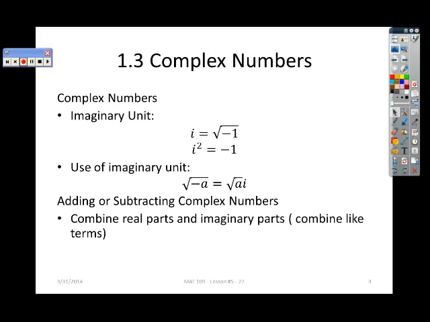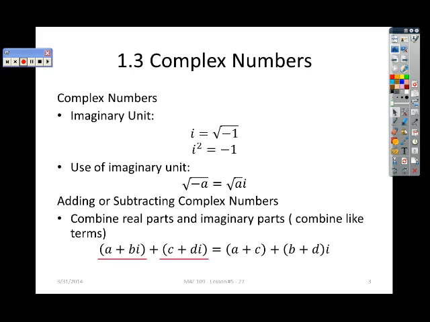if you want to add or subtract, you would add or subtract the real parts, and you would add or subtract the imaginary parts. It's exactly the same as if you're combining like terms on a polynomial. Absolutely no difference. You just treat the i as if it were a variable like x or y or z.